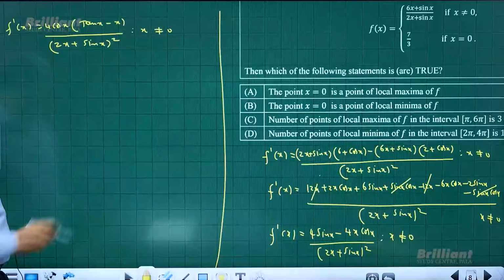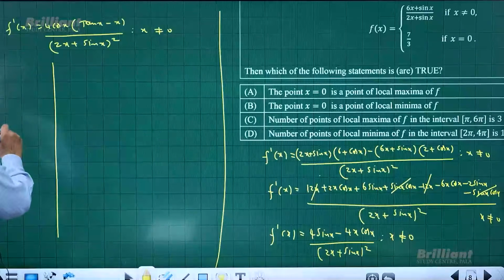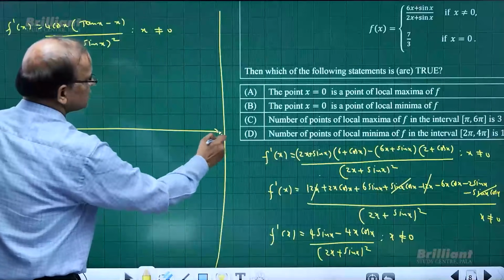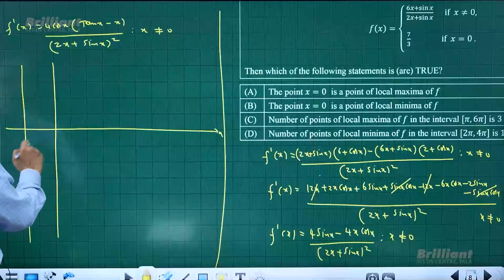So if you draw the tan x and x graph, what you will get is this.